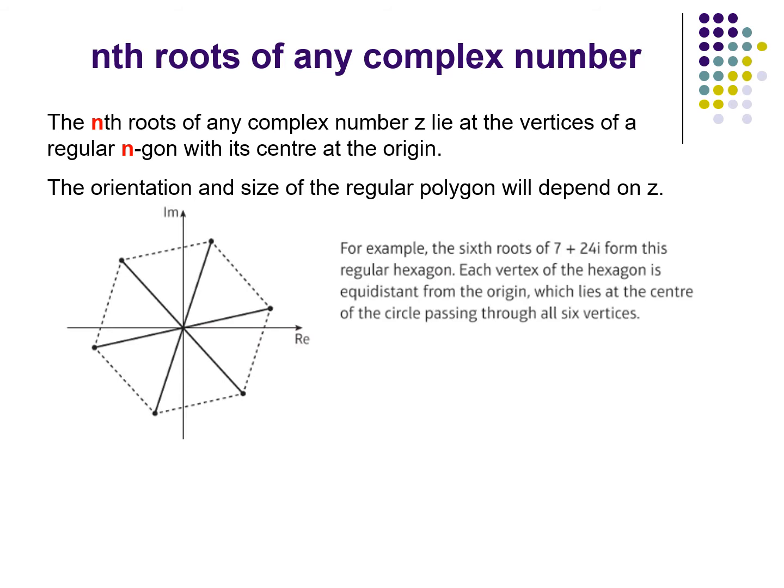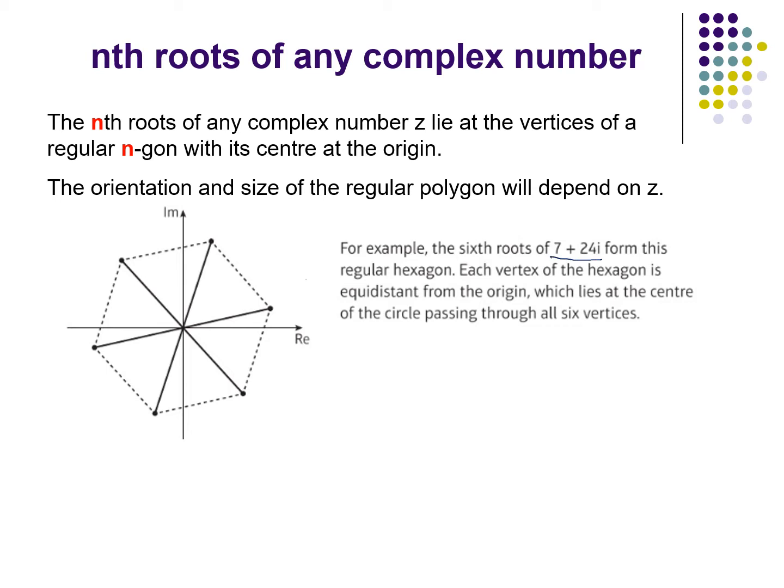Do you remember when we drew our diagram? We got our first corner, and then to get round to the next one, we took that first complex number and rotated around by 2 pi divided by n, so 2 pi split into the number of corners that we need. This example here is a hexagon, and it's the 6th root of 7 plus 24i.